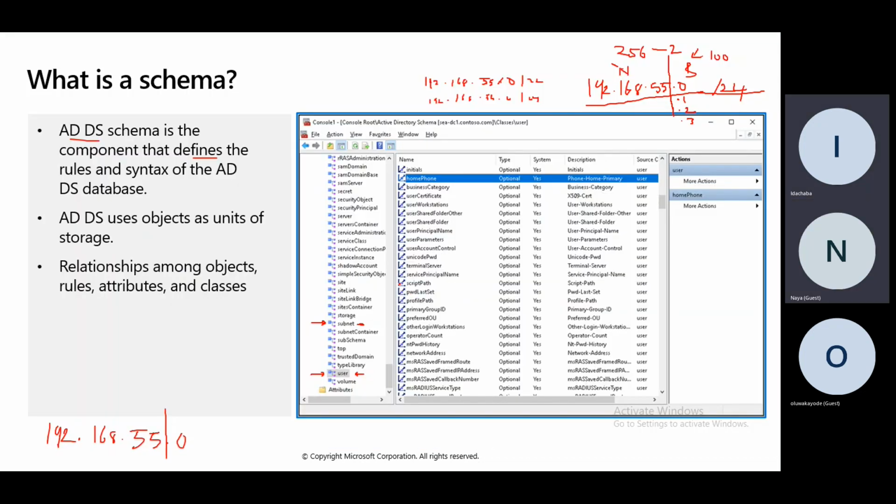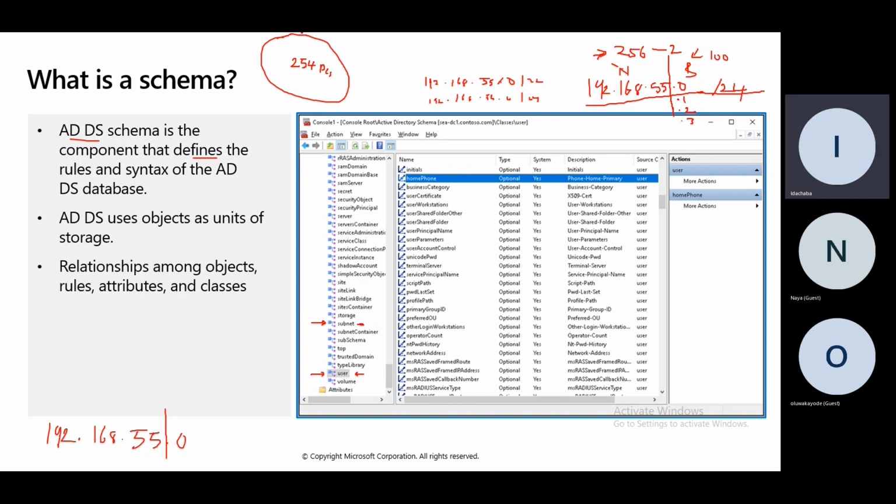Okay, so this is your network. This network can have 254 PCs, right? But originally it's 256. So we have to remove the network part and the broadcast part. I've explained that to you.